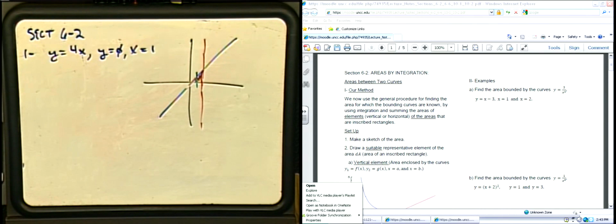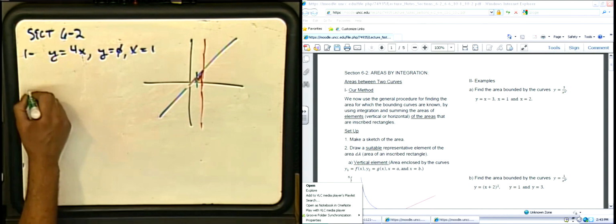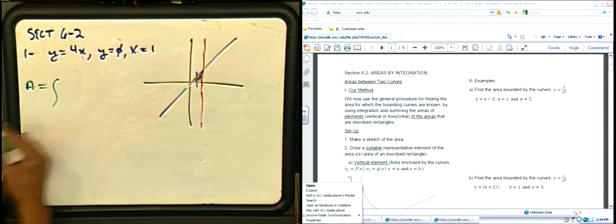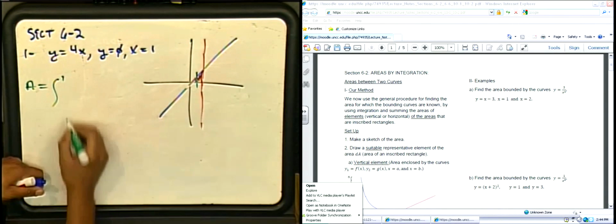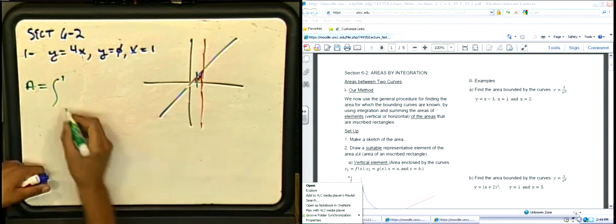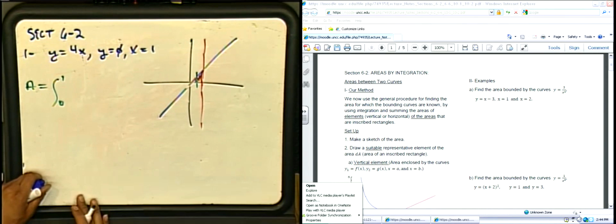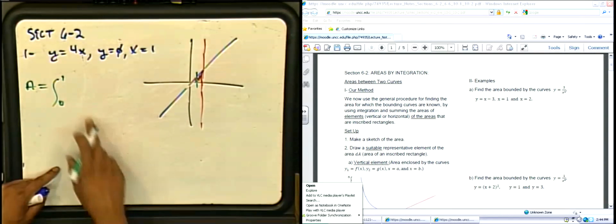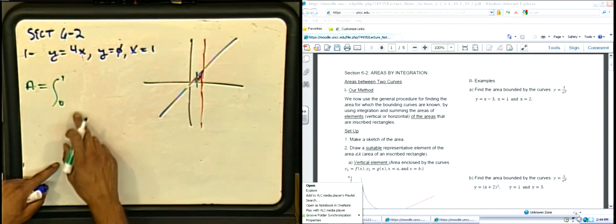So we would write the equation for the area, which says area equals the integration of the upper limit, which is 1, lower limit 0, the y-axis, upper function minus the lower function.